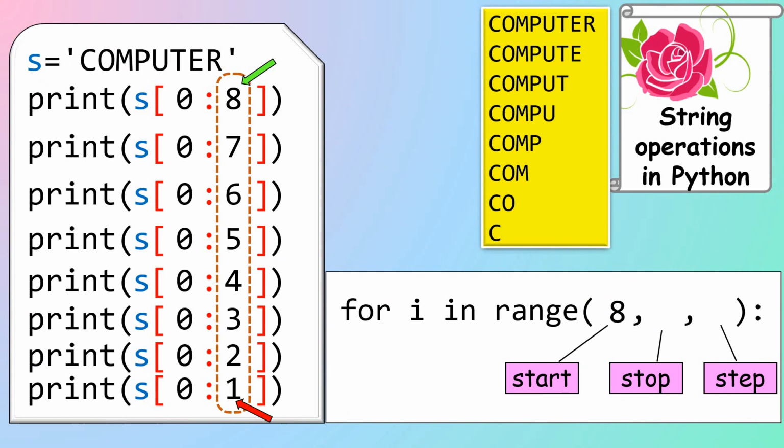So here in the stop you have to give as 0. And the step value should be negative because here you are generating numbers in the descending order, decreasing order. So the step must be -1. So this range function, range 8, 0, -1 will generate the values 8, 7, 6, 5, 4, 3, 2, 1. And these are the values which are taken by the counter variable I.